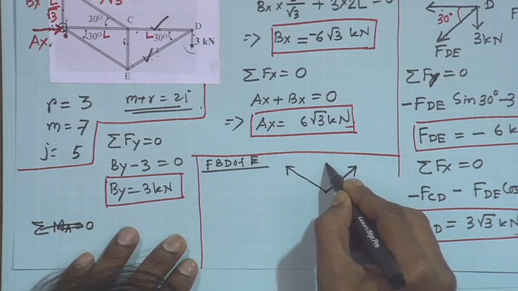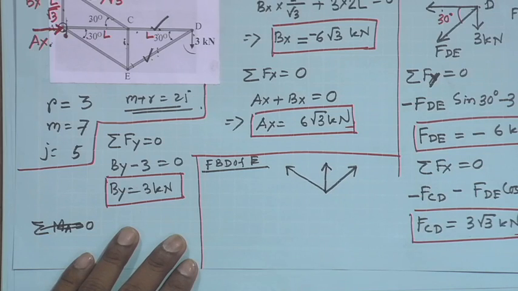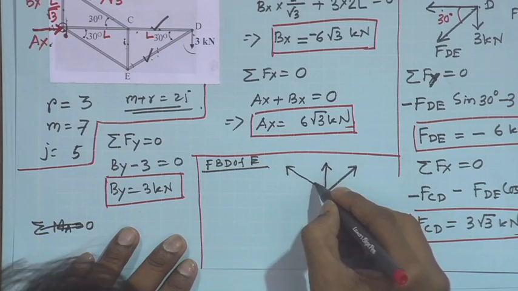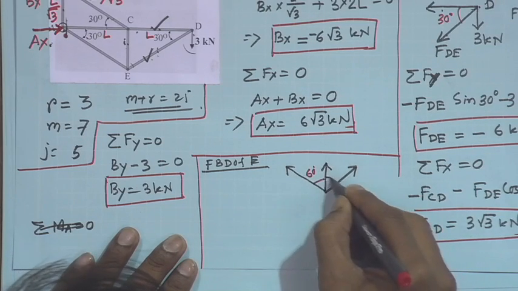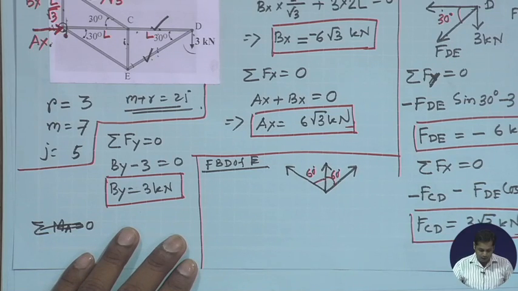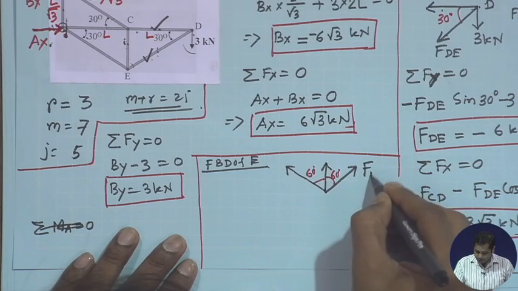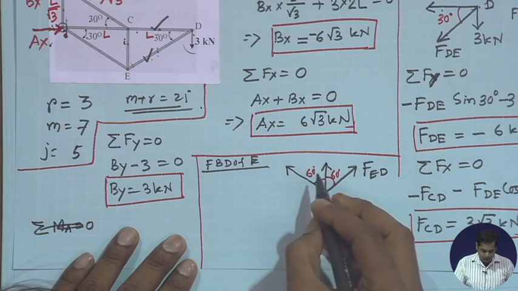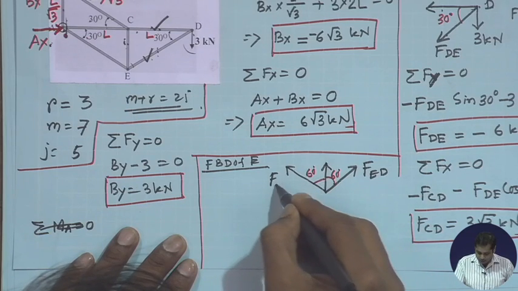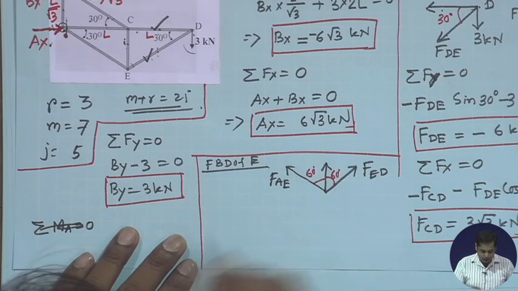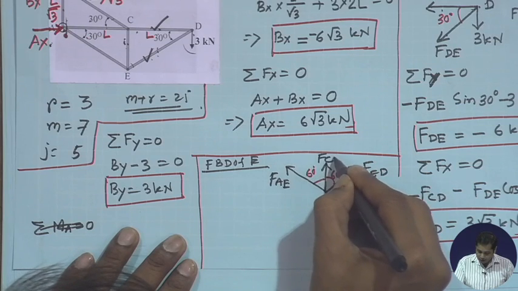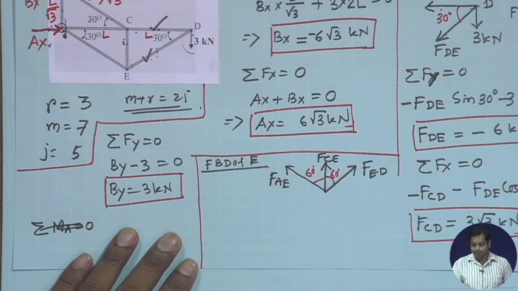Now FBD of E will be this and vertical component like this. All these angles are 60 degree, okay. This is FED, FAE and then FCE, okay.